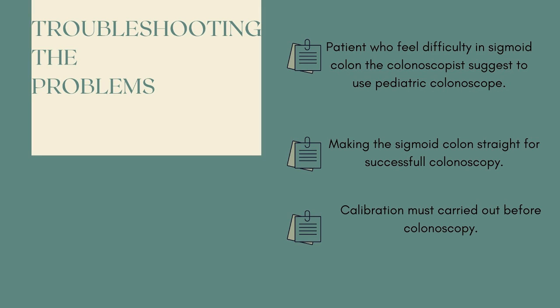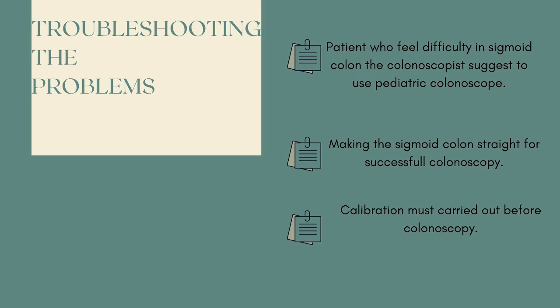How to troubleshoot these problems? In a patient in whom it is difficult to get through the sigmoid colon, it may be worthwhile for the colonoscopist to use a pediatric colonoscope. We can also use a gastroscope, which, due to its very short radius of curvature, can easily negotiate the acute bends.